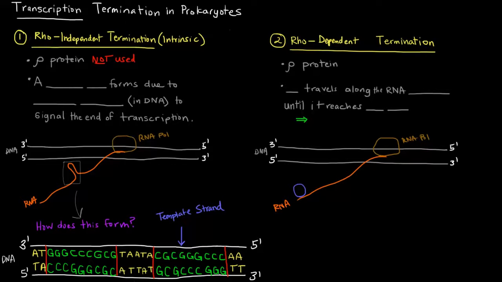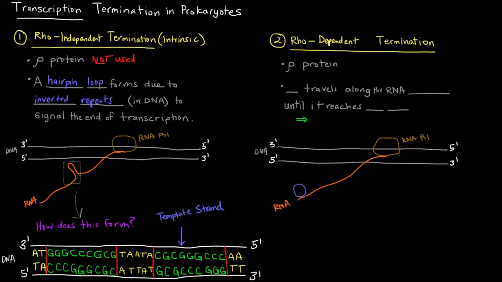Instead, what happens is a hairpin loop forms due to these things called inverted repeats in the DNA, and that signals the end of transcription. So if we imagine this being our DNA strand and RNA polymerase is going along transcribing RNA, eventually the mRNA itself loops around itself.